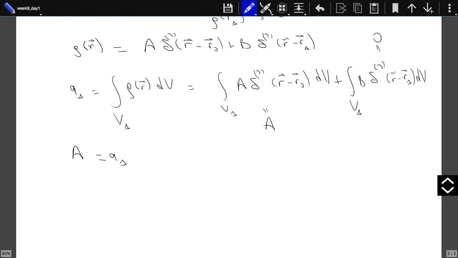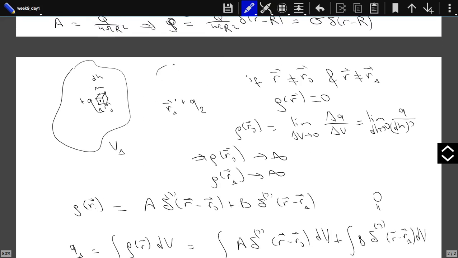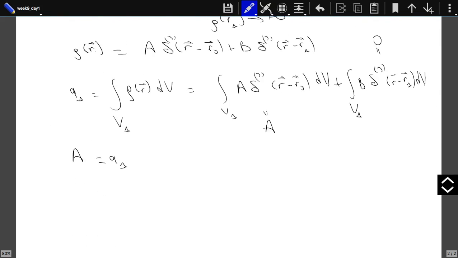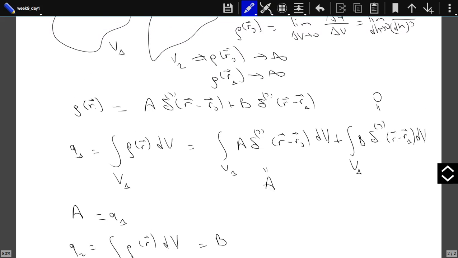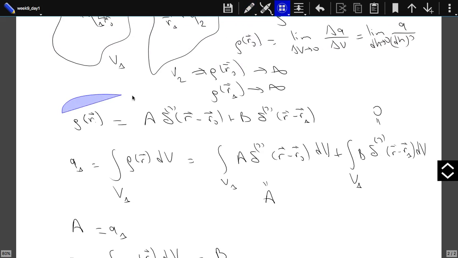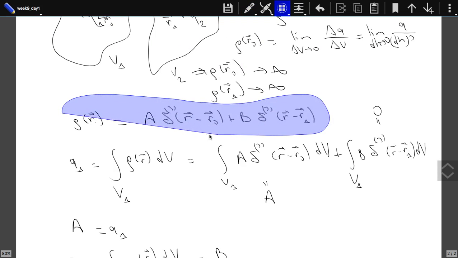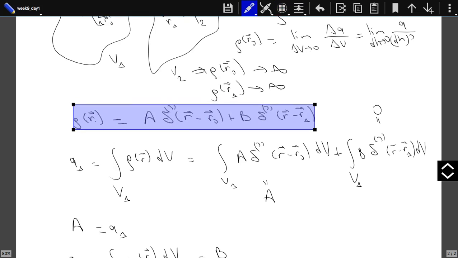You just repeat the same thing for V2. Let's imagine another volume over here, V2. The total charge in that volume is Q2, but it is also the integral of rho of R times dV. Just repeating the same steps, this integral is nothing but B. So now I know what A and B are, the only things that I didn't know in my charge density.